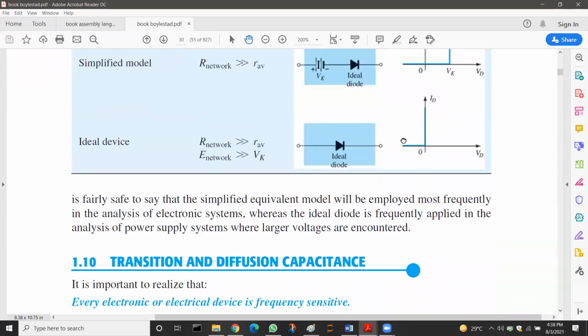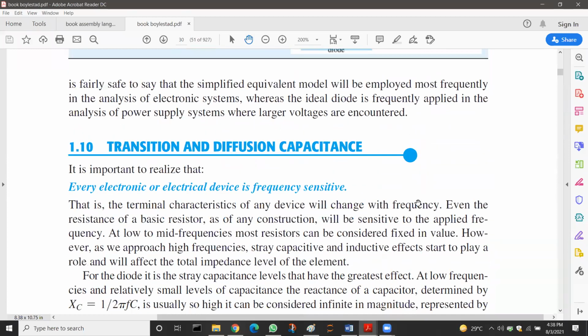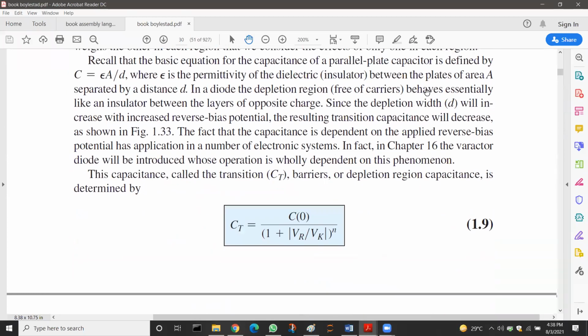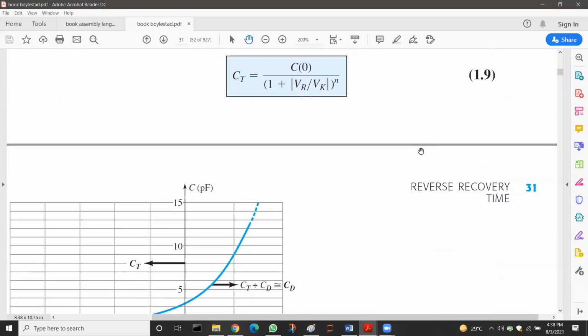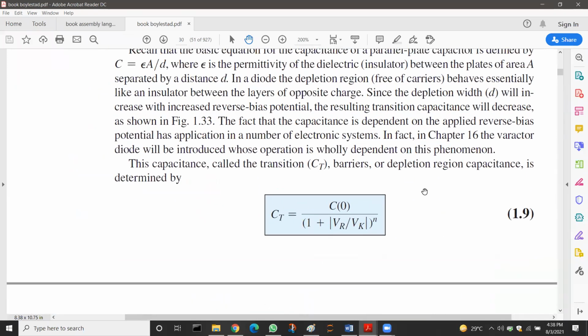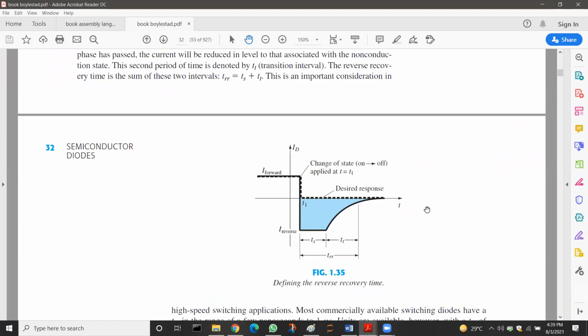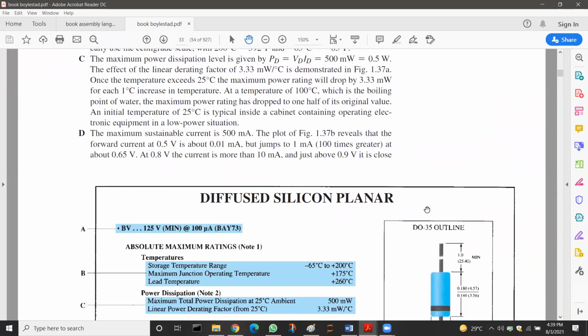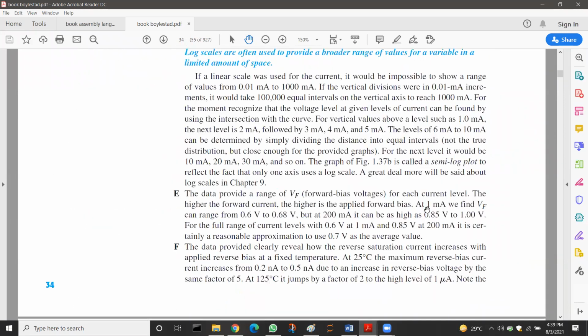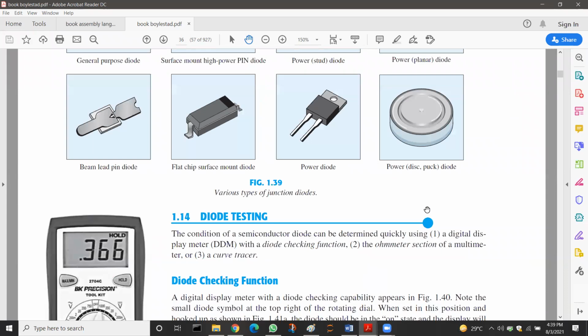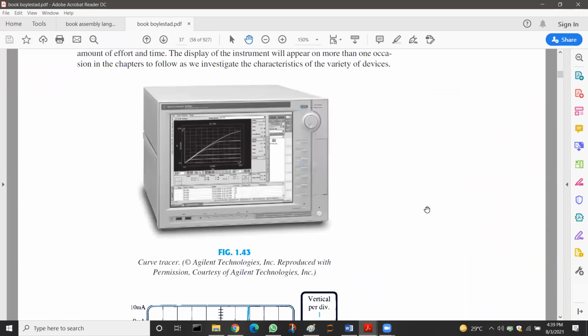So this is about the diode. Now we are going towards our next section, which is primarily related to the transistor part. So we are moving towards chapter number 2.